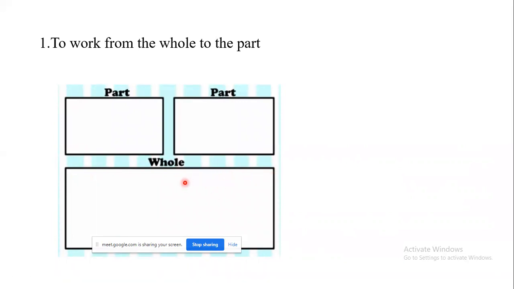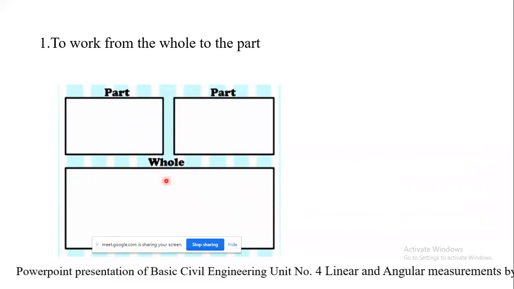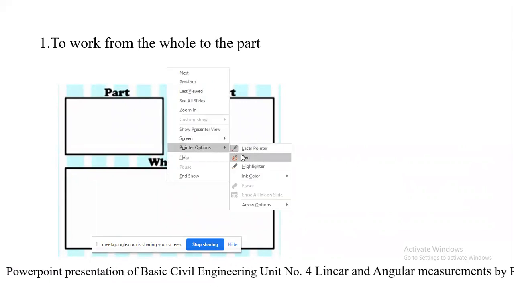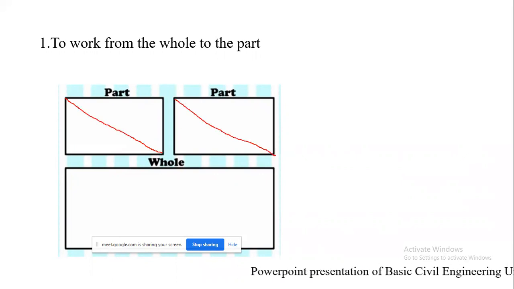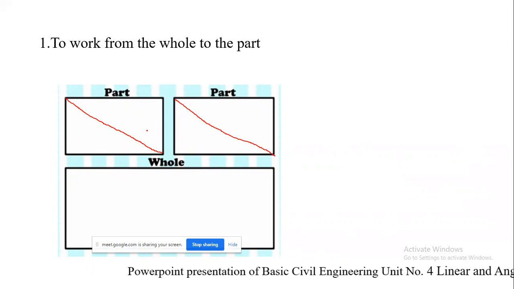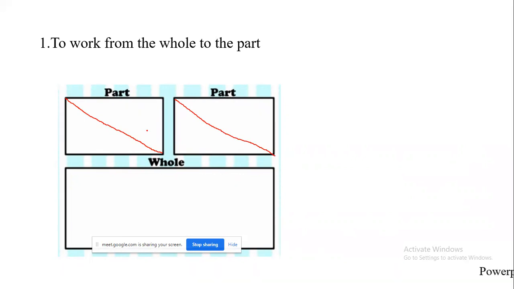This area is then divided into smaller parts by forming triangles. You can divide it into triangles like this, and again you can divide it into sub parts. The purpose of this process of working is to prevent accumulation of error, as I told you.